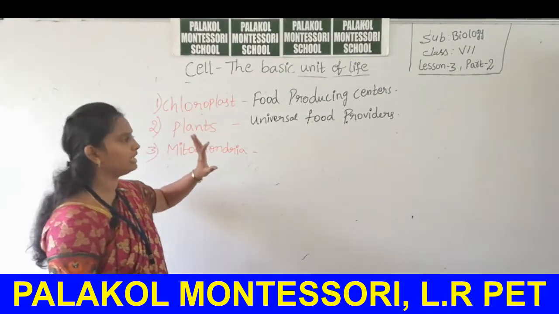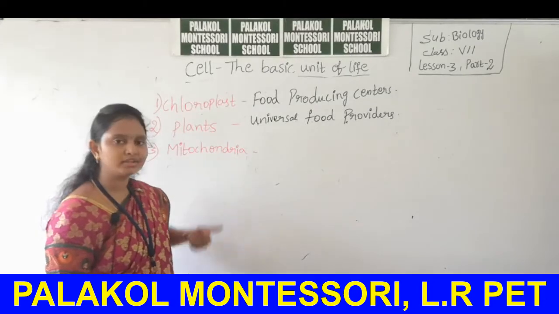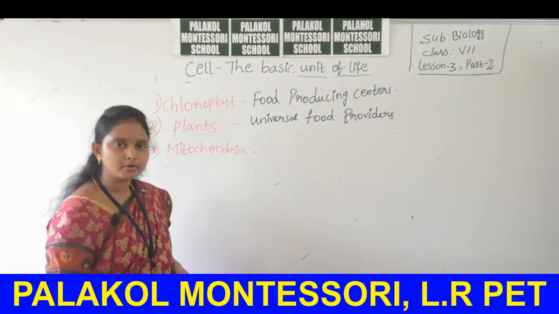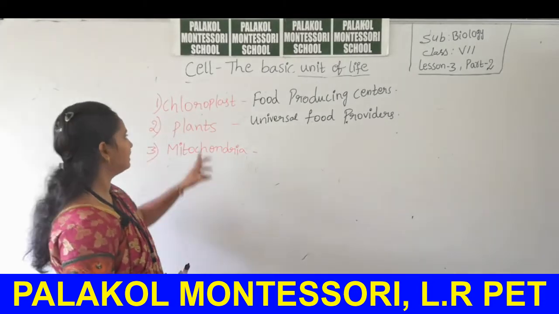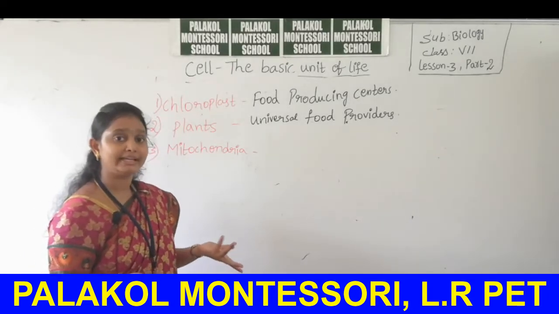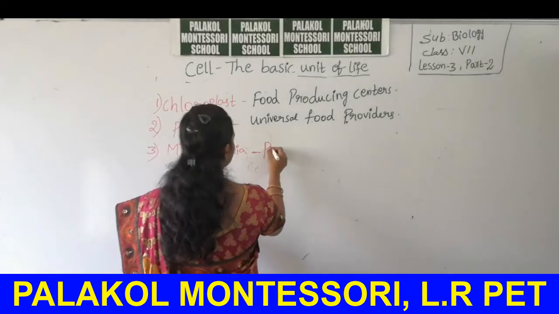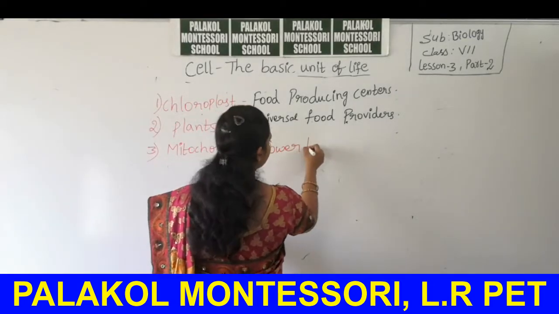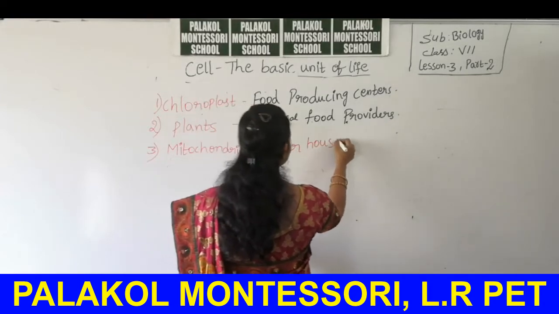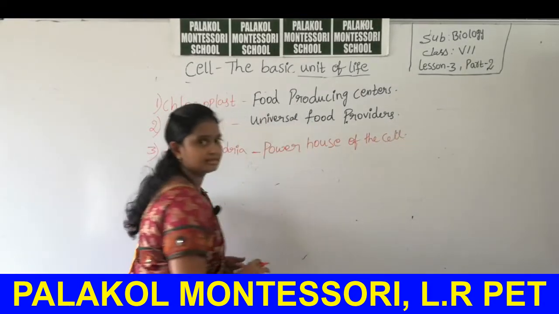Due to the presence of chloroplast only, plants can synthesize and store food material through photosynthesis. It is not present in the animal body, so we can't synthesize our food in our body. Mitochondria is called the powerhouse of the cell.